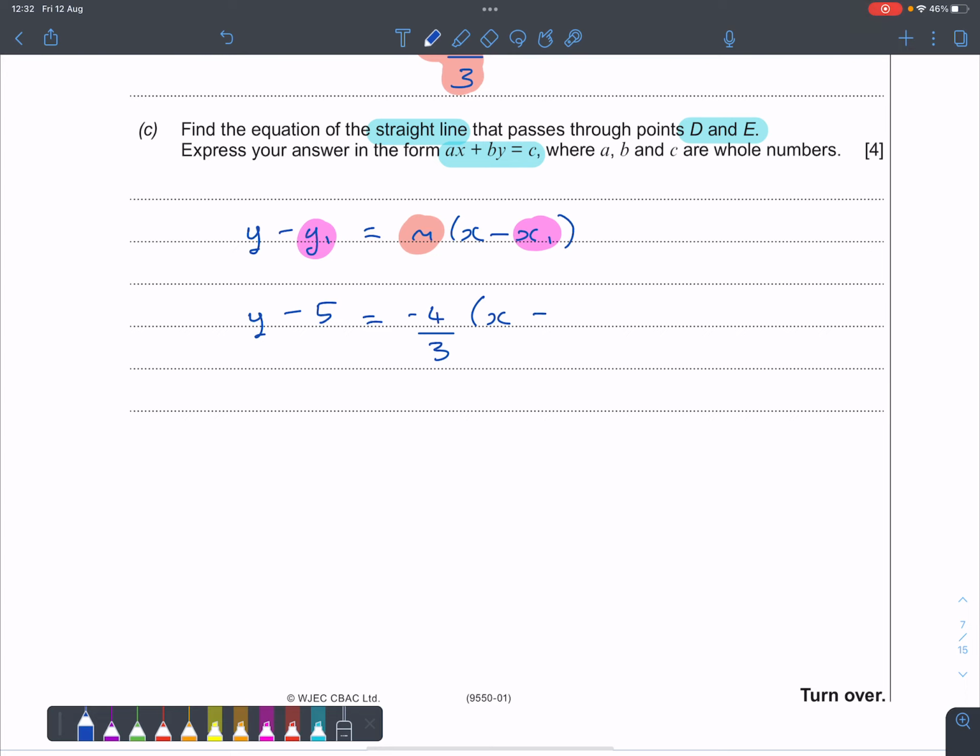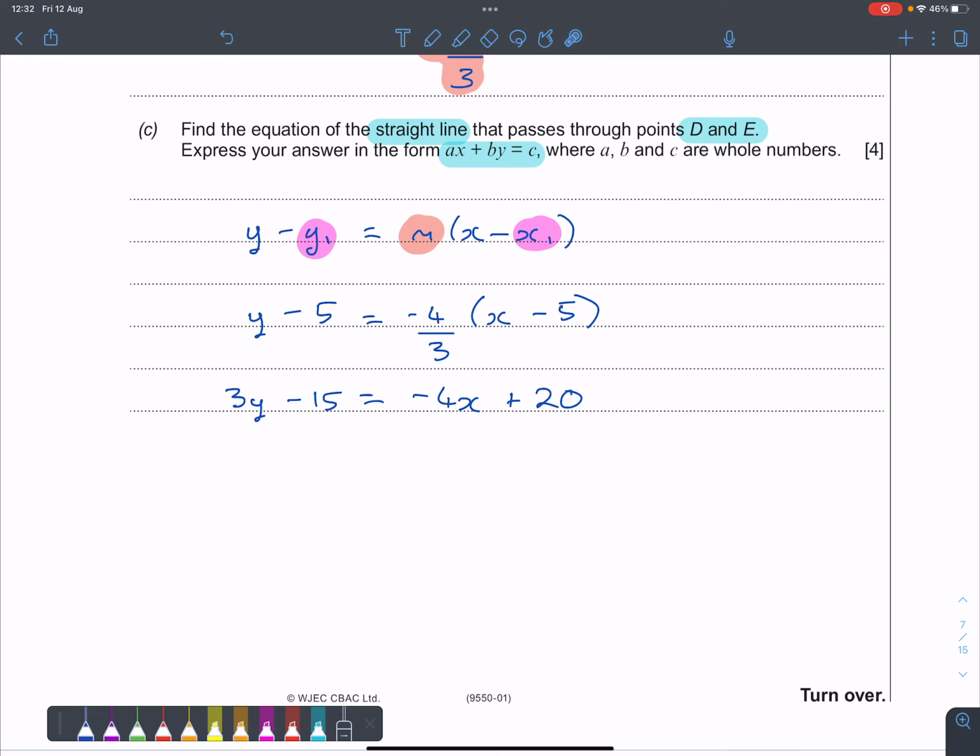(x minus 5). So we want it in a particular format, so everything has to be a whole number. The first thing I'm going to do is get rid of that fraction by multiplying by 3. That will give me 3y minus 15 equals, and if I multiply by 3, then the fraction is gone from the right-hand side. All we have to do is expand now by negative 4. So I get negative 4x plus 20.